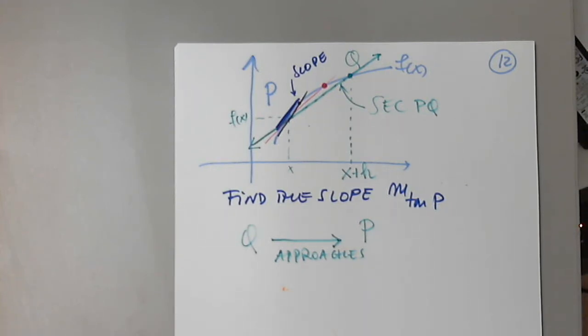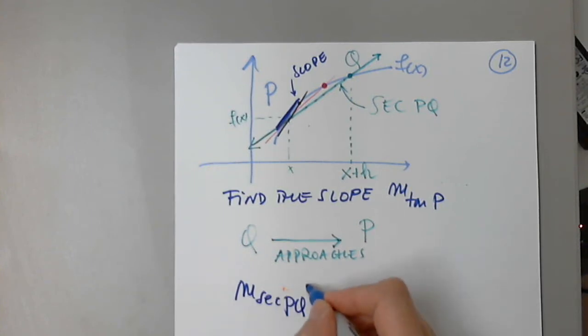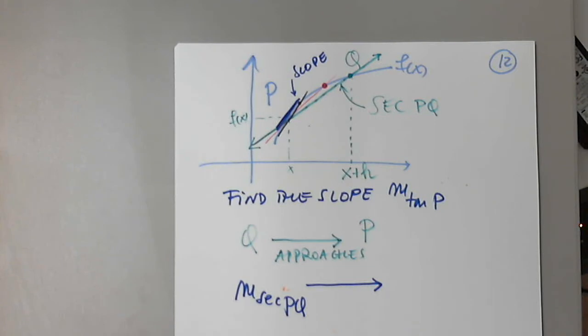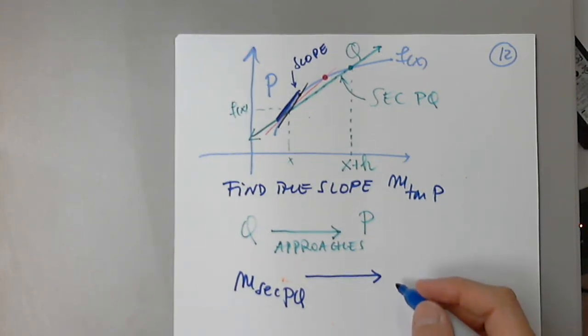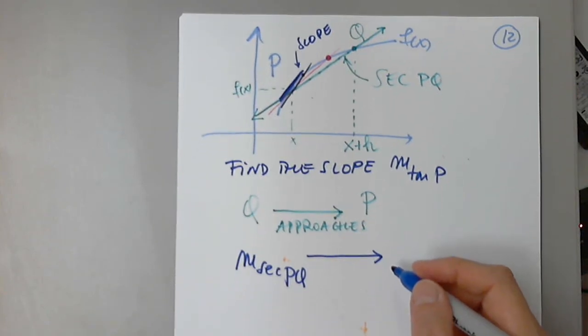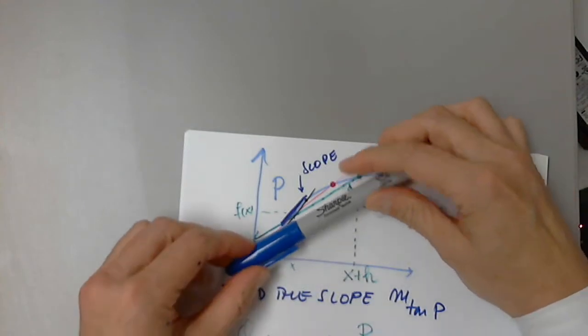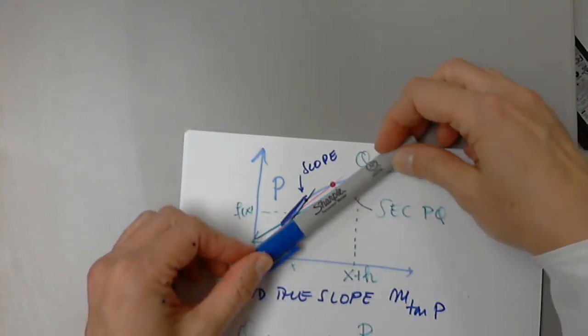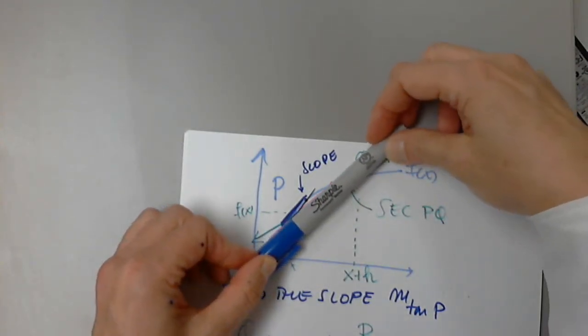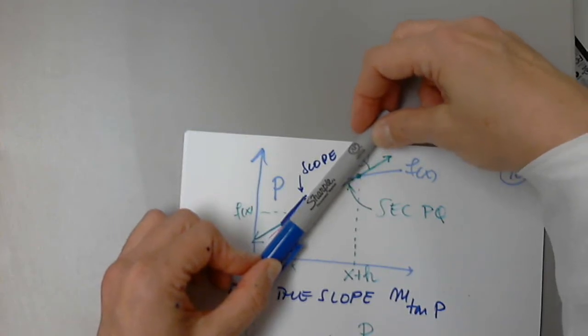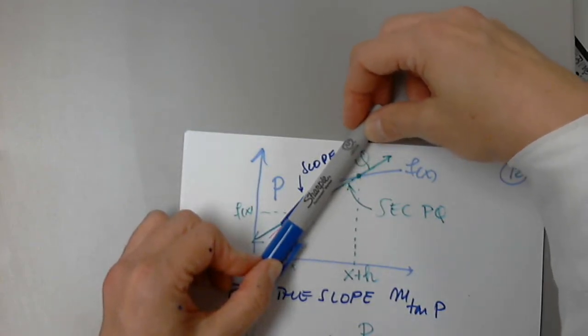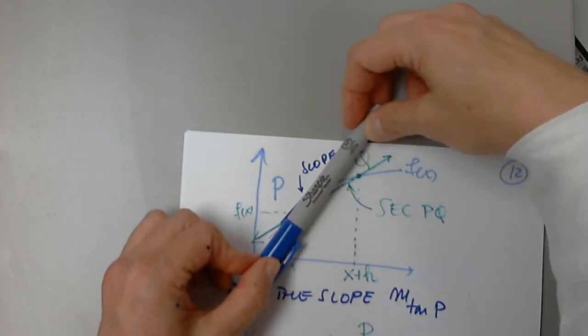Would you agree that the slope of the secant line PQ must approach, I'm not saying equal, must approach the, okay, look at this. This is the first secant line, then this is the second secant line, and this is the third secant line, and even closer, this is the next secant line.